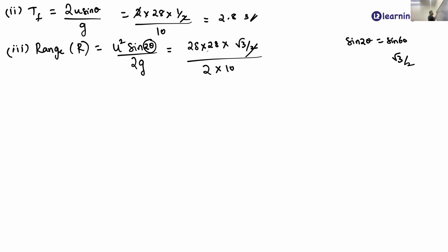So this 2 will cancel this 14 times, and this 2 will cancel this 7 times. So 28 into 7, 196, into root 3 divided by 10. So it is going to be 19.6 root 3 meter, and this is going to be the horizontal range. So these are the three parameters expected in this question.